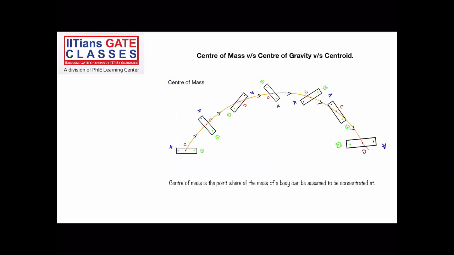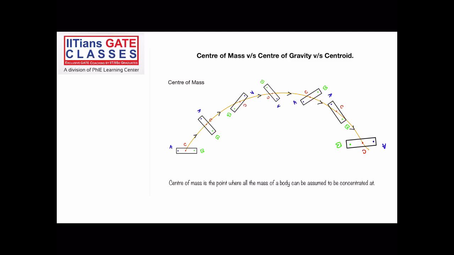Now let us see why point A and point B are not moving in parabolas, whereas point C, which is the center of mass, is moving as a parabola. Since this object, the rod AB, is very small in size, we can assume that the center of mass is itself the center of gravity.